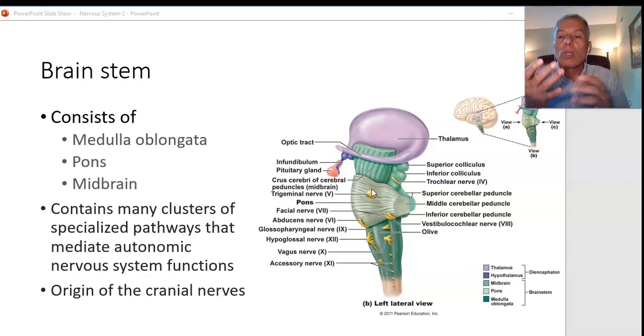It's going to control heartbeat, and all kinds of functions. So the brainstem is the most primitive structure of the nervous system. Primitive means it has to do with survival, mostly survival things that keep your body alive.